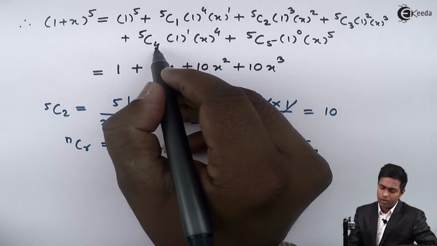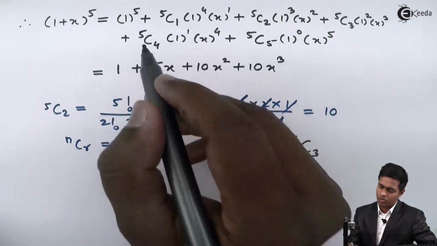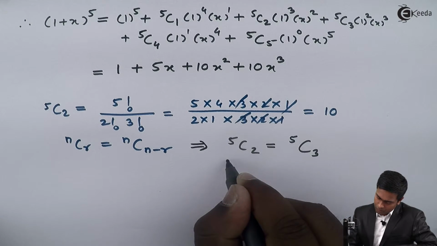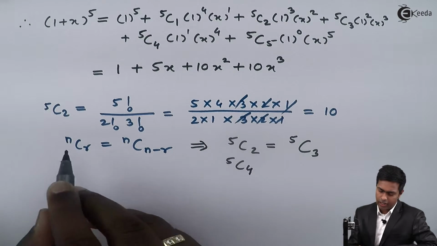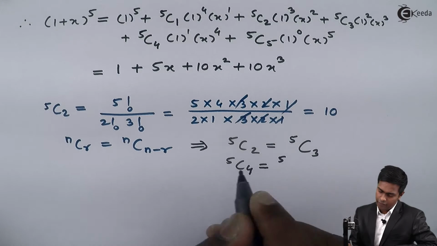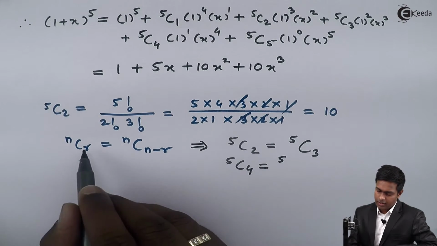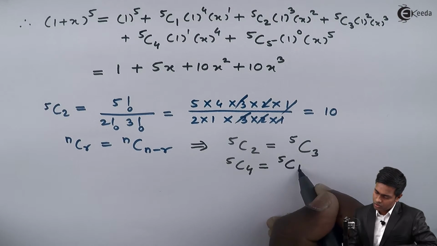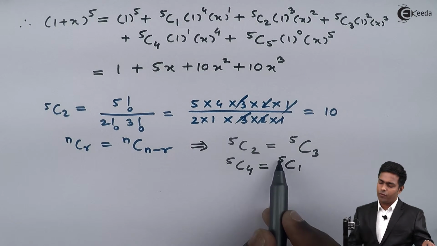Next 5c4. Now for 5c4 also I will use the same property. So 5c4, here n is 5, r is 4, will be equal to 5c, and this r is 4, so 5 minus 4, that is 1, and we already got the value for 5c1.